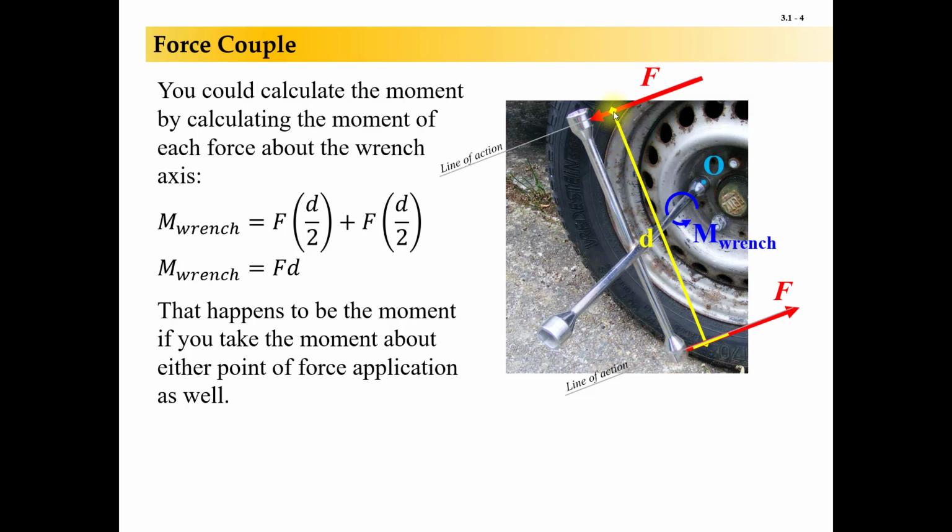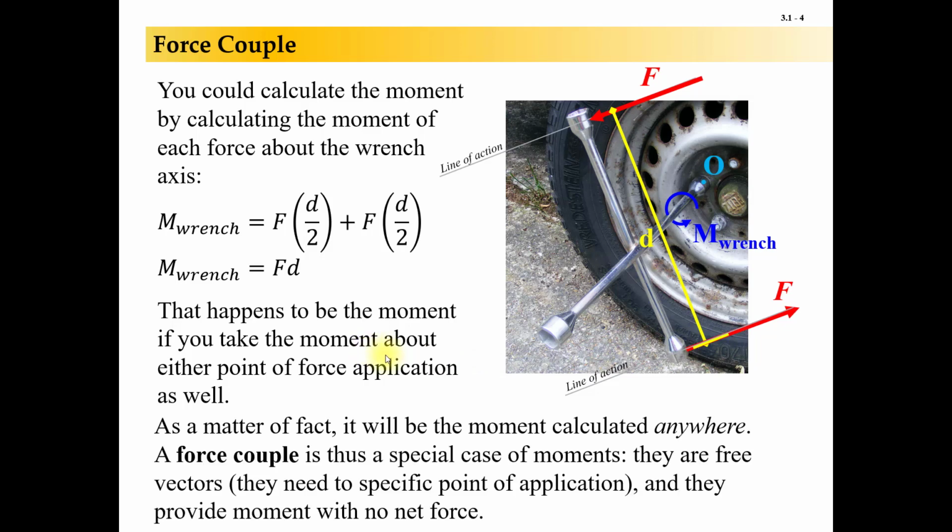But this one up here, F times d counterclockwise. So in all three cases, here, here, and here, it's all going to be just F times d. And as a matter of fact, if you do it about any point in space, these two forces will generate a counterclockwise moment of F times d, which is a really neat concept here.